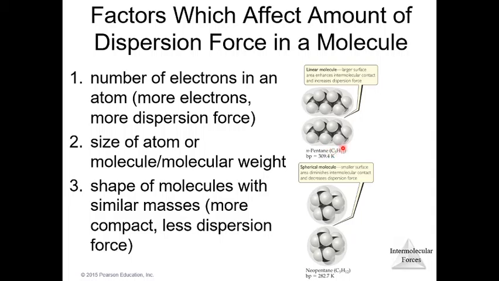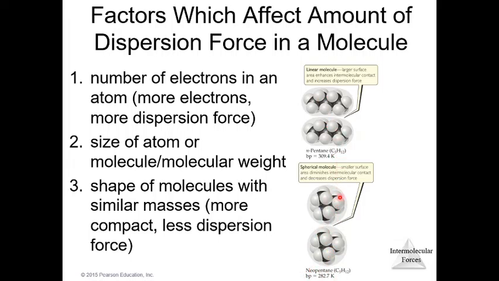They have the same molar mass, same formula, same number of electrons, but because of the shape, the spherical is more compact, so it's less polarizable. Lower dispersion forces means lower boiling point. Higher dispersion forces, easier to distort, more polarizable, higher boiling point. So you see, just the shape influences our boiling point.